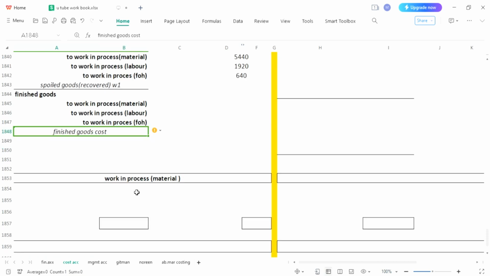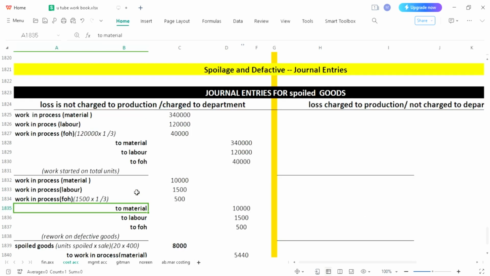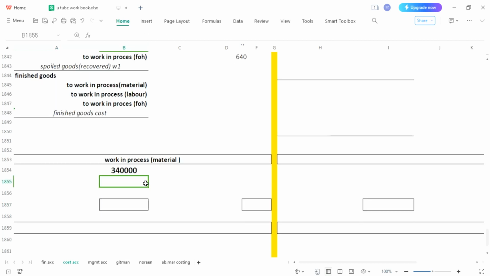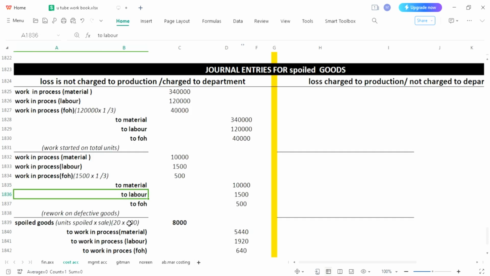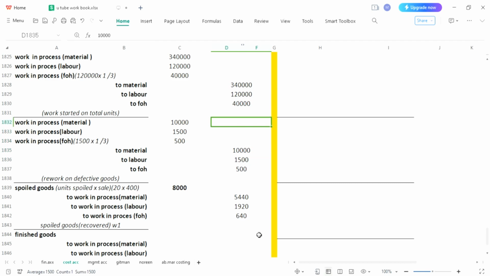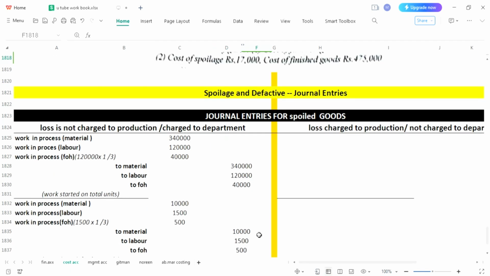So you will write 340,000 on debit. Then go back to the question. Again we have found work in process material on debit side 10,000. So you will put 10,000 on debit side. Go back. And now you can see work in process material is present on credit side 5440. So you will put 5440 over here.